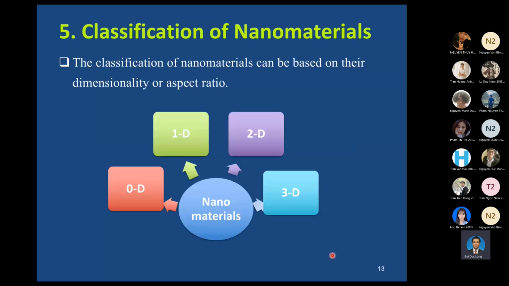And we have classified nanomaterial. So what kind of nanomaterial do we have? We can classify into 4 different kinds of nanomaterial: 0D, 1D, 2D, and 3D.